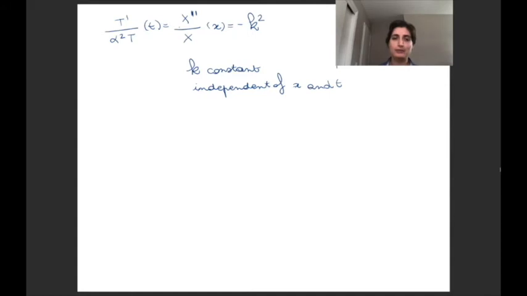So allowing k to be complex in this setting allows us to write any number as minus k squared. Later on, we'll see that we can restrict ourselves to k being real, and we'll have reasonable solutions. But let's start with k being potentially complex.